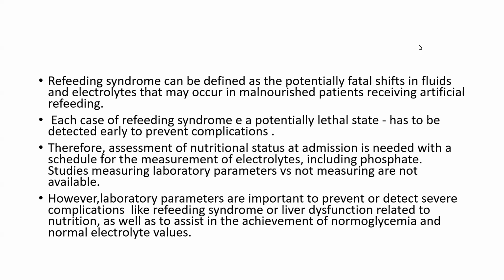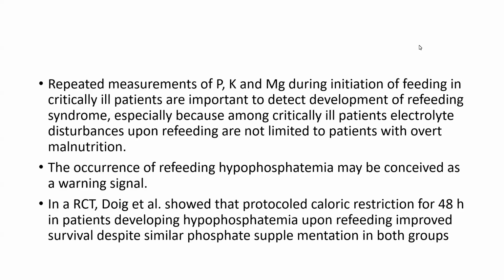Studies measuring lab parameters versus not measuring are not available. However, lab parameters are important to prevent or detect severe complications like refeeding syndrome or liver dysfunction related to nutrition, as well as to assist in achievement of normoglycemia and more normal electrolyte values.